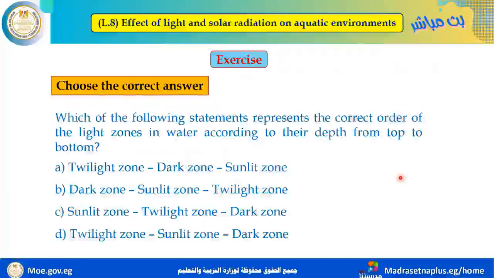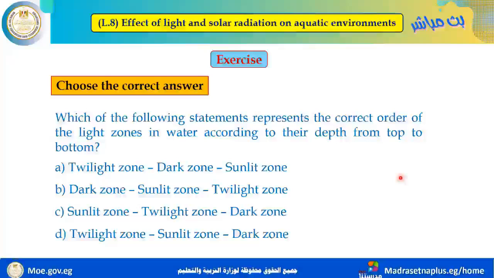Which of the following statements represents the correct order of the light zones in water according to their depth from top to bottom? Let's start. A. Twilight zone, dark zone, sunlit zone. Dark zone, sunlit zone, twilight zone. Sunlit zone, twilight zone, dark zone.